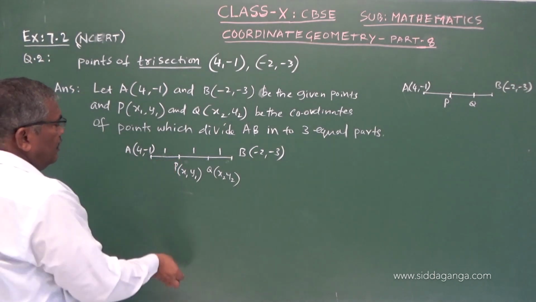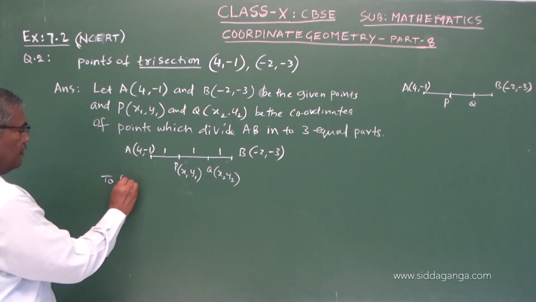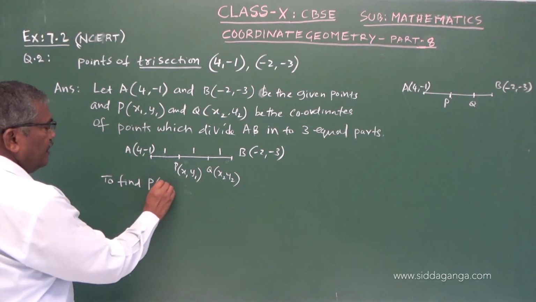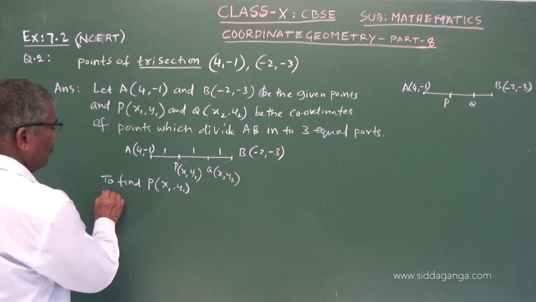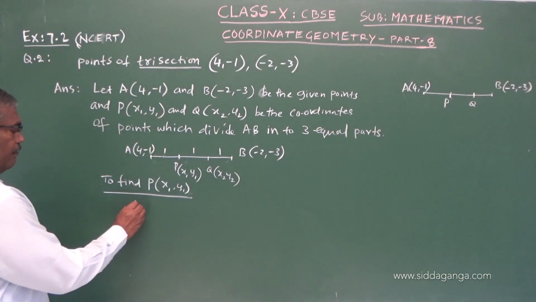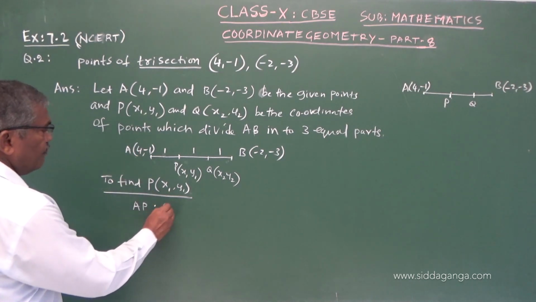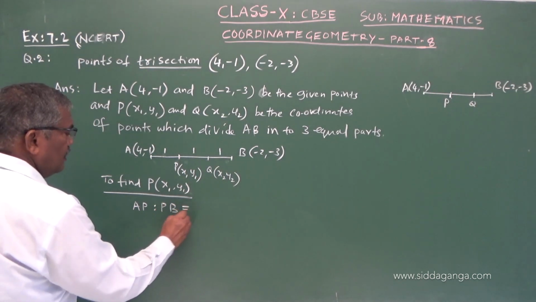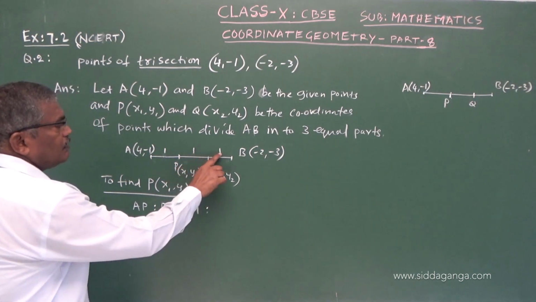So first I will take up the coordinates of P. From the figure, AP is to PB equals, AP is 1, PB is 1 plus 1, 2.